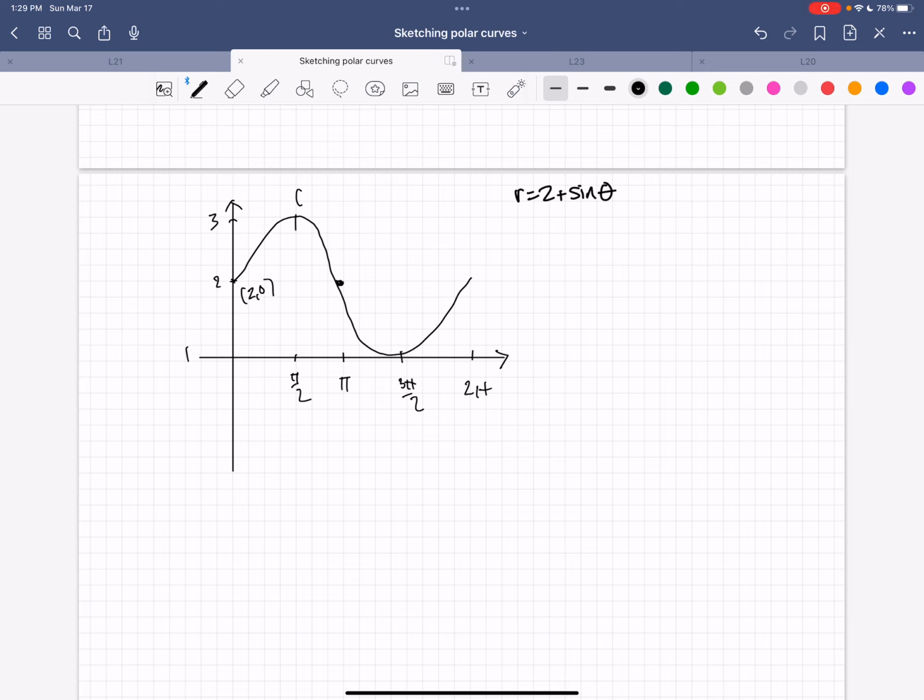Let's pretend this is the 1 line. This is 0. Okay. So here, when the angle is pi over 2, we get radius of 3. Angle is pi, we get a radius of 2. This tells us that when angle is 3 pi over 2, we'll get a radius of 1. And then back here, 2 pi. Okay. You can start sketching.